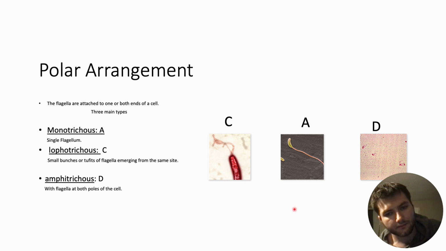Then there's C here, small bunches or tufts of flagella emerging from the same site, where you can see it's all bunched up. And with D here, flagella are at both poles of the cell. I can't really tell by that picture, but it's out of the textbook, so I'm going to go with it.